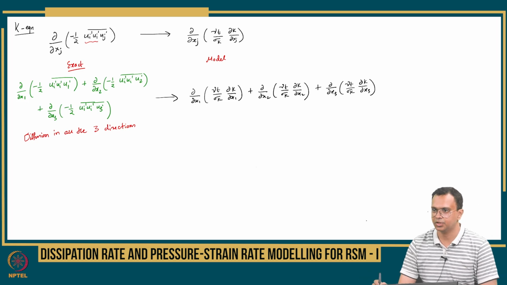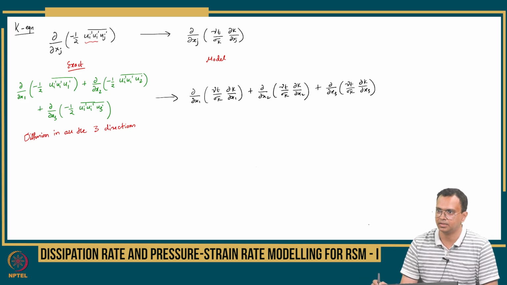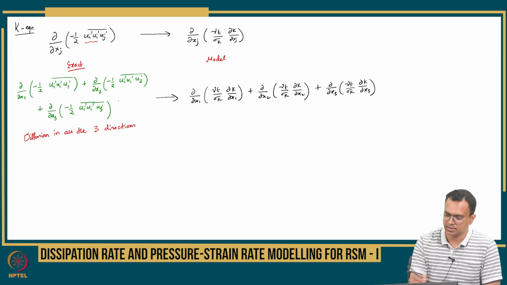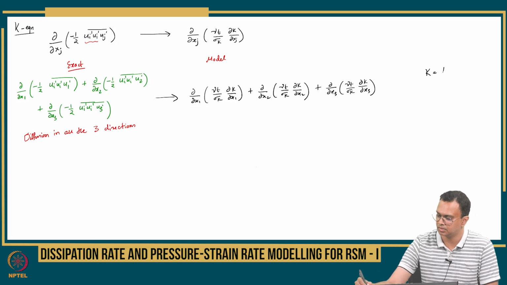In the gradient diffusion hypothesis itself, we wanted the diffusion to occur based on the gradient of the turbulence kinetic energy. Suppose in the exact equation, diffusion is occurring in all three directions, but we have no access to these correlation terms and we are modeling it based on a purely statistical approach, that is using k, which is a statistical value. K is nothing but half of ui prime ui prime averaged. So this is a statistical value.